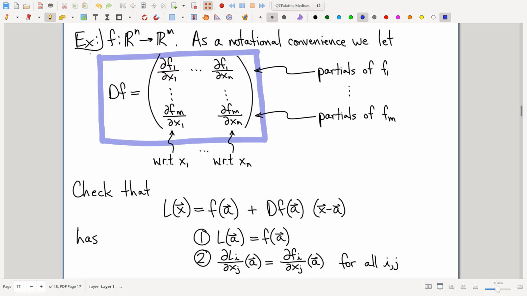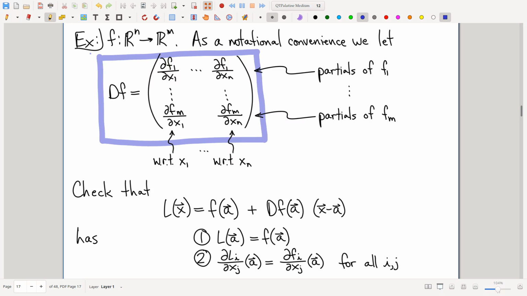I'm going to try to restrain myself from saying the other name because I want to be able to build up the ideas that justify that name, just for dramatic purposes, I guess. But anyway, for the moment, I'm just going to call this df. And analogous to how gradients are vectors made up of partial derivatives, this is a matrix that's made up of partial derivatives.